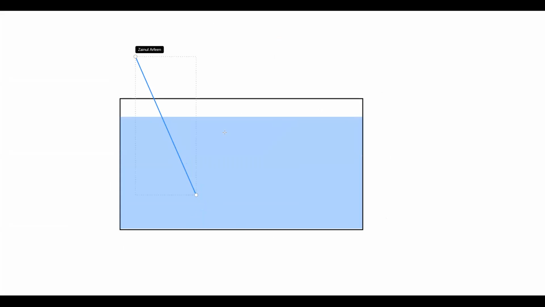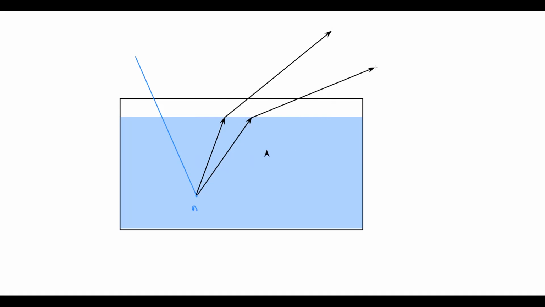It's not touching the base. Now, if you're observing point A, the tip of the ruler or the pencil, the two light rays emerging out from the water, as they travel from water to air, will bend away from the normal. The other ray also bends away from the normal.